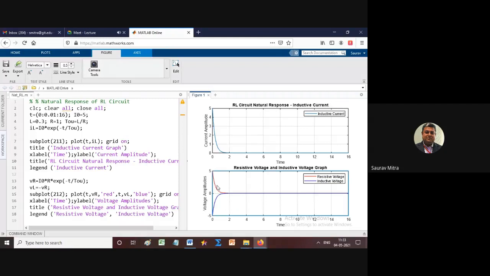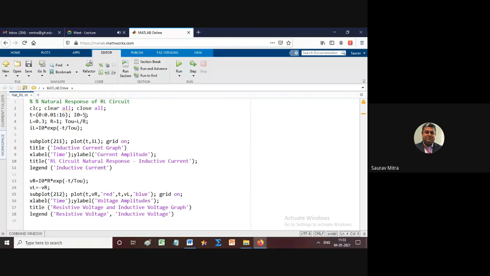VR and VL also change accordingly, because VR exactly follows the curve of the I circuit. So what all changes can you make? You can make changes in I0. I'll take it back to the initial value. You can change the value of L, and you can change the value of R, and likewise. So this is called RL natural response.